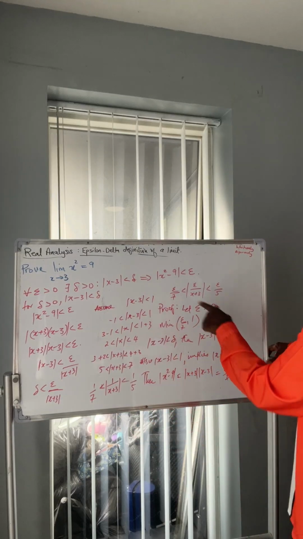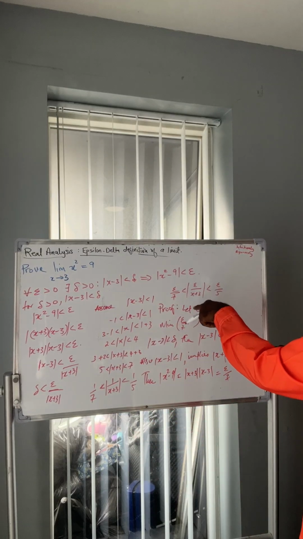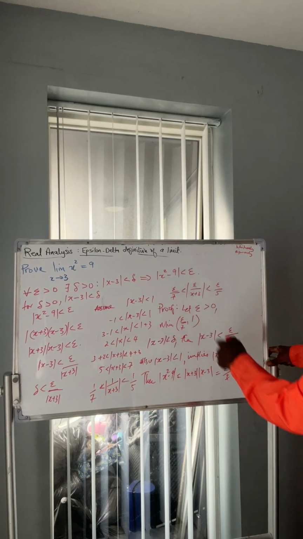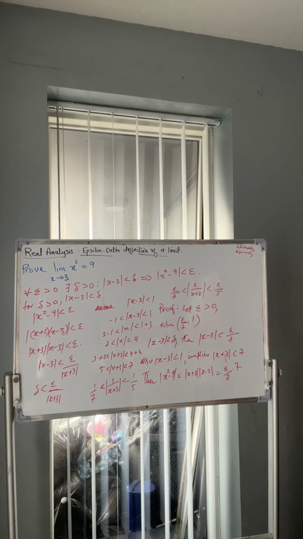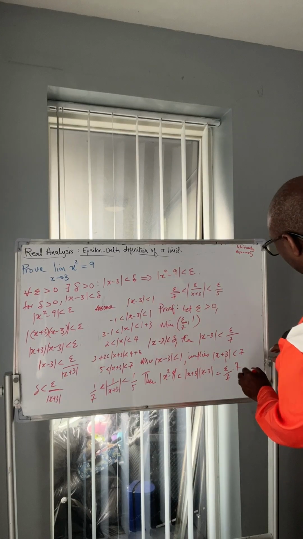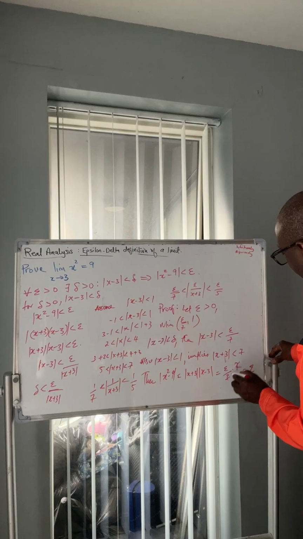Correct. Epsilon over 7 times x plus 3 is less than 7. And all this boils down to epsilon because this cancels.